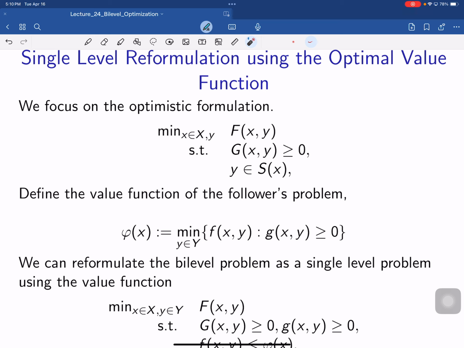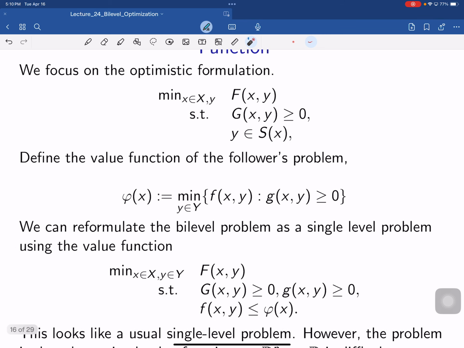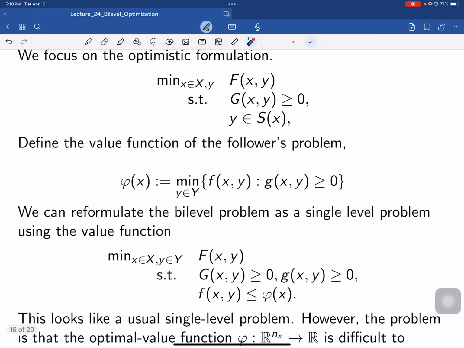For the sake of argument, suppose you have this best response function in closed form, which we did for the production problem. Remember we were able to calculate the best response of the follower in the production problem: just set the derivative to 0, and then you have a closed form solution. If you can do that, then we can reformulate this problem as a single level problem in the following sense.